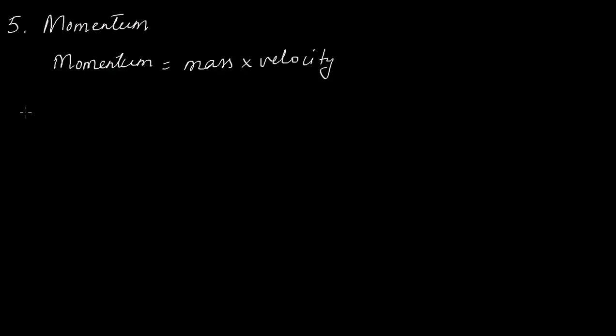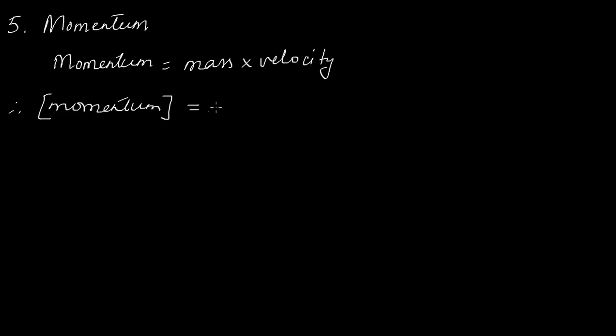Number 5, momentum. What is the formula for momentum? Momentum is mass into velocity. So therefore momentum inside of the square bracket. Please don't forget to write the square bracket. I've seen many people, maybe they are being casual or lazy, they don't write the square bracket, and if you don't write the square bracket, then the meaning changes altogether.